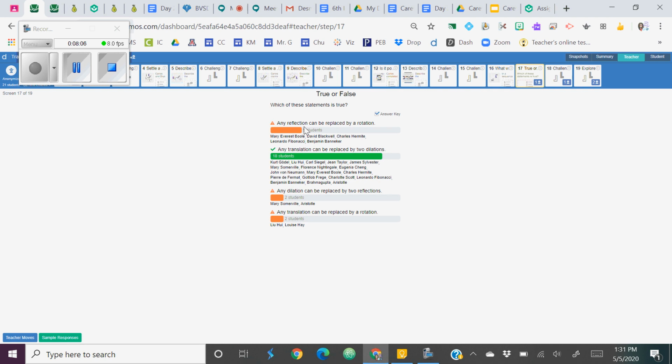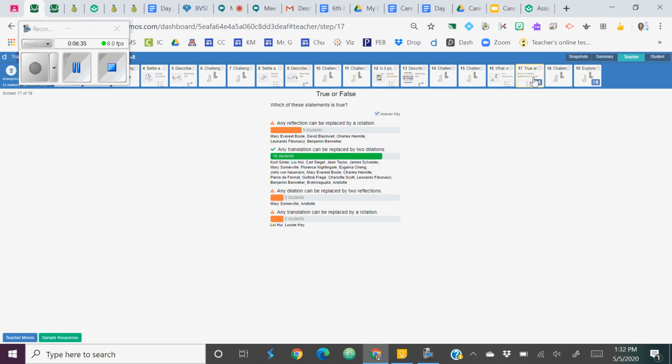And a reflection can't always be replaced by a rotation, but it could sometimes be replaced by a combination of items. But one rotation, for example, could be replaced by 2 rotations, but maybe not 1.